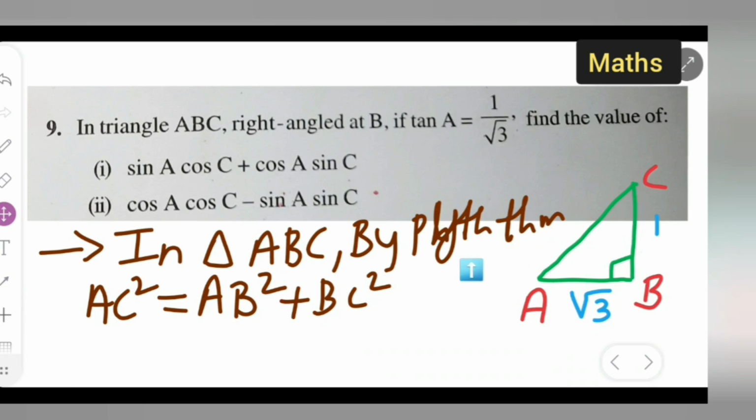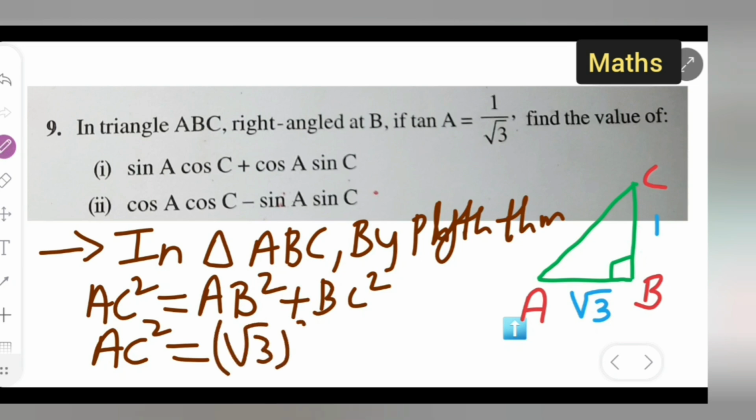AC square is not given, so keep it as it is. Now we have AB square. AB is root 3, so it will be root 3 square, plus BC is nothing but 1, so it will be 1 square.